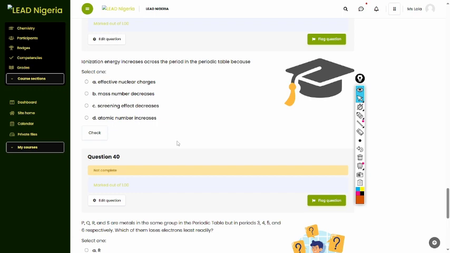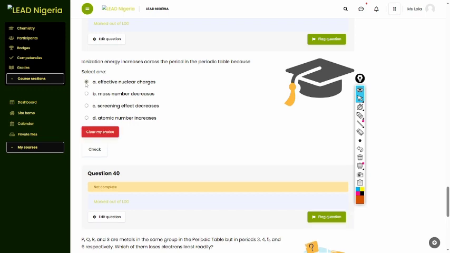And as the nuclear charge increases, there's a stronger attraction between the nucleus and the outermost electron. So it takes a lot more energy to knock out the electron in the outermost shell if you have a high nuclear charge. The reason why the ionization energy increases across the period is because of the effective nuclear charge.